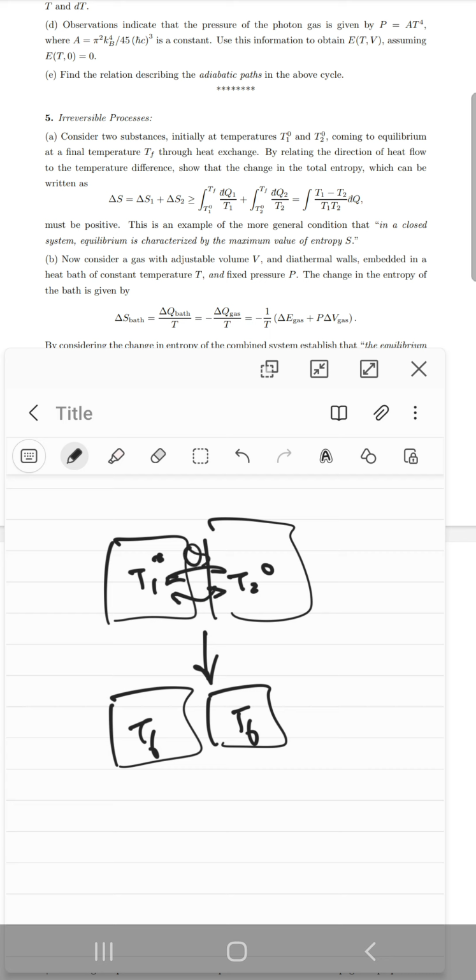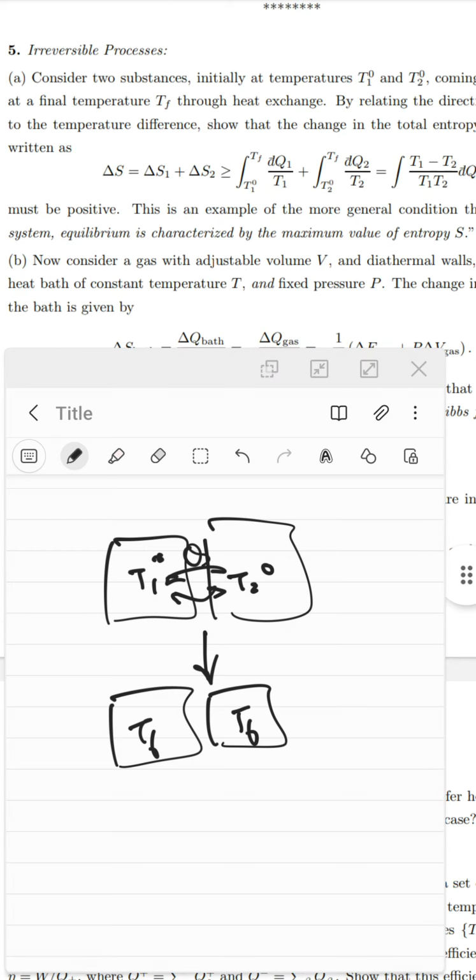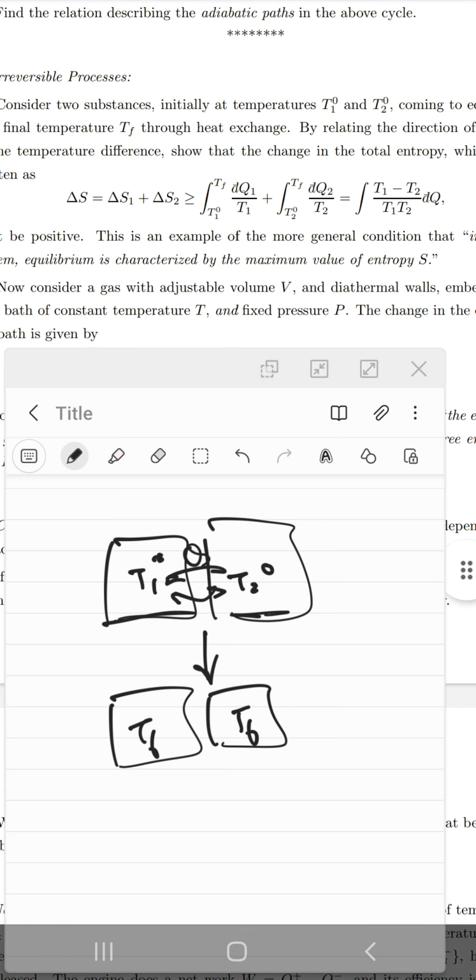By relating the direction of heat flow to temperature difference, so wherever you have hot to cold, that's where the heat flows, show that the change in the total entropy, delta S equal to delta S1 plus delta S2, the entropy change of this one plus this one, is bigger than or equal to this quantity.